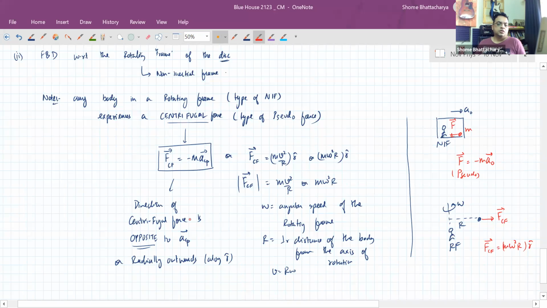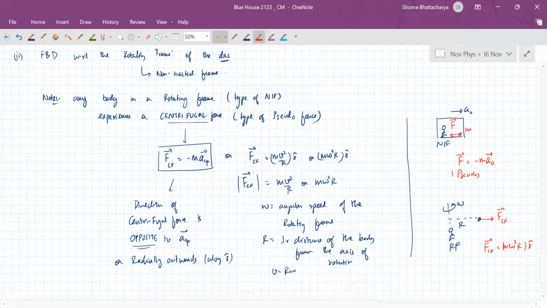So when we make the free body diagram of a body or a particle in a rotating frame which has an angular speed omega, we have to compensate for the rotation of the frame by taking into account a pseudo force which acts on the body or particle in the radially outward direction, and its magnitude is m omega square r.